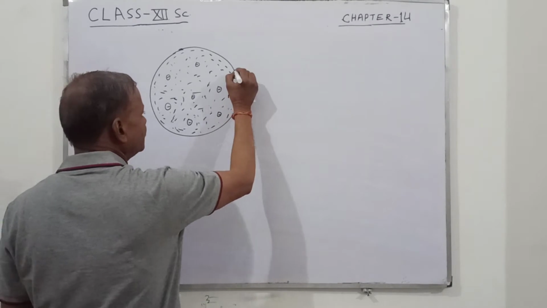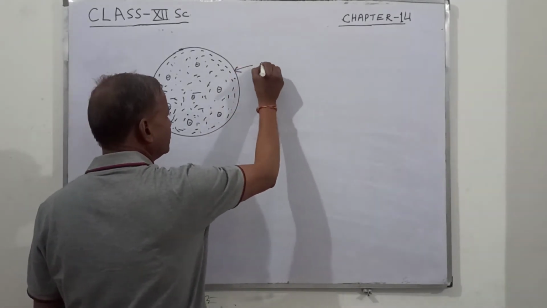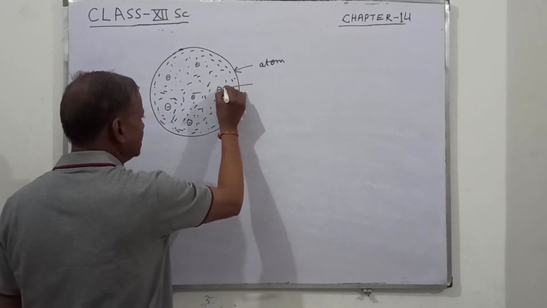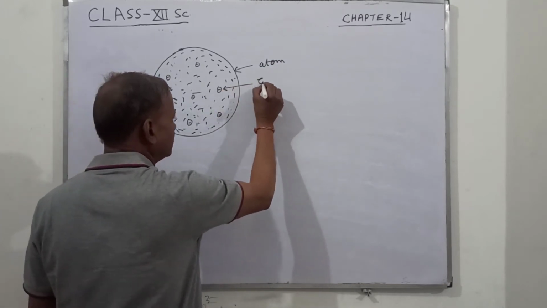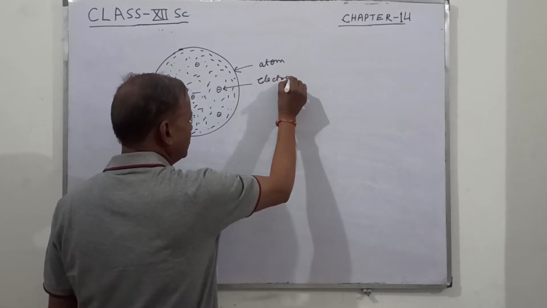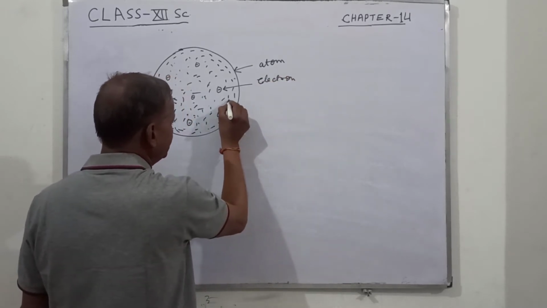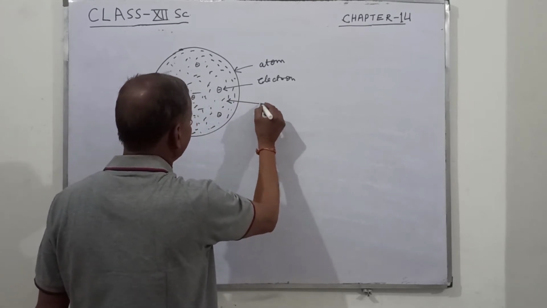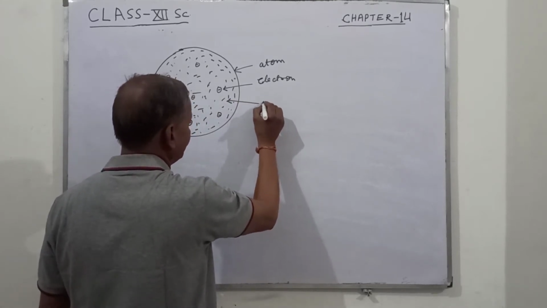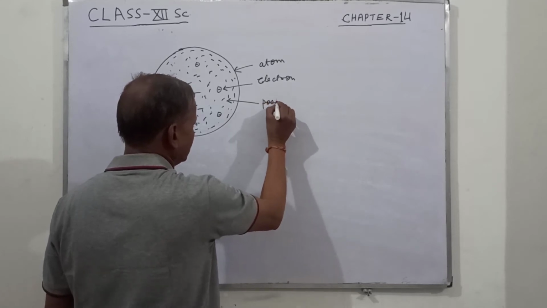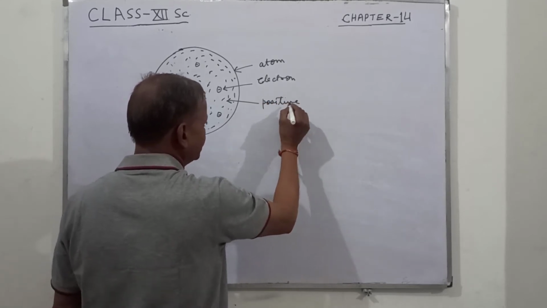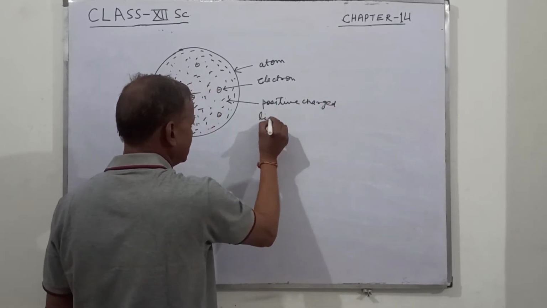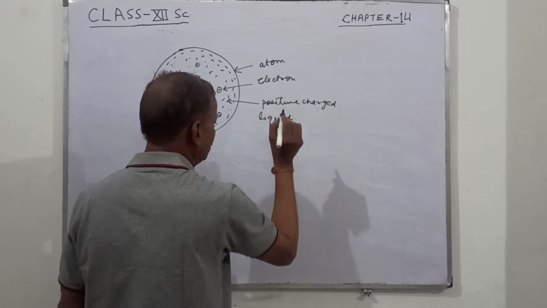This is the atom, this is the electron, and whatever you see here is the positively charged liquid.